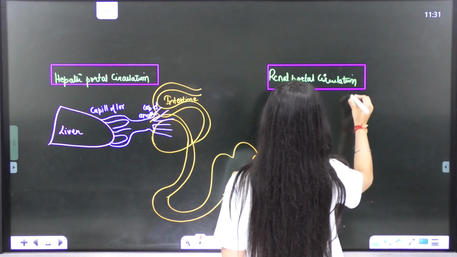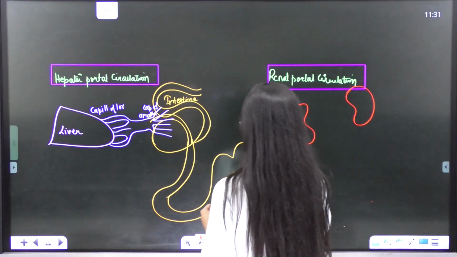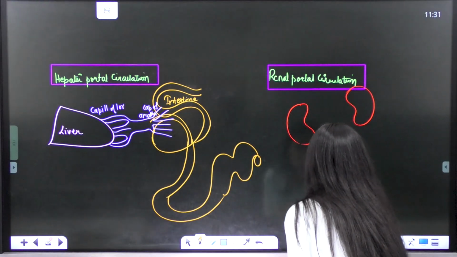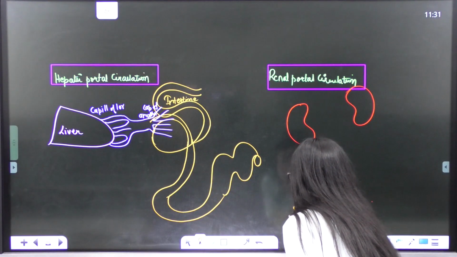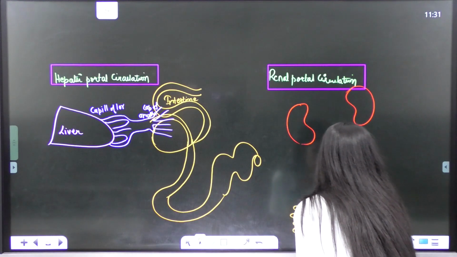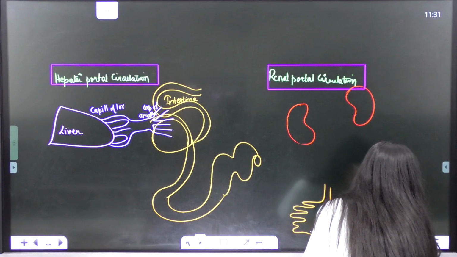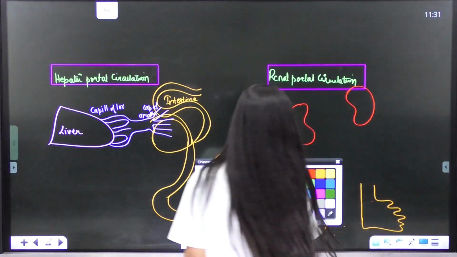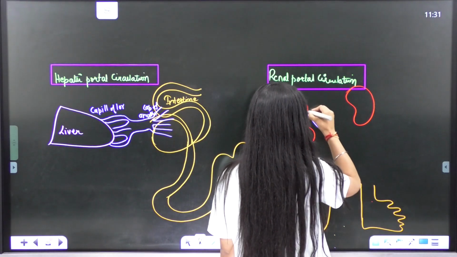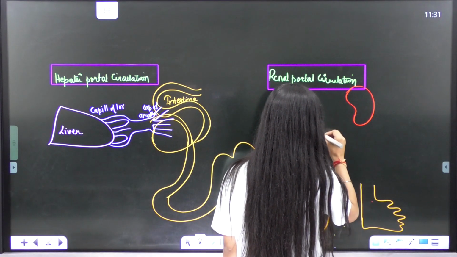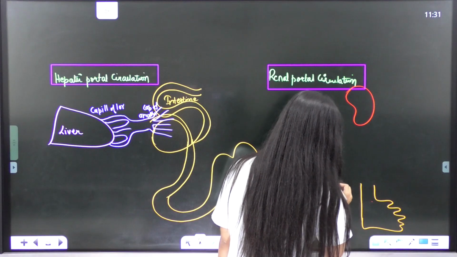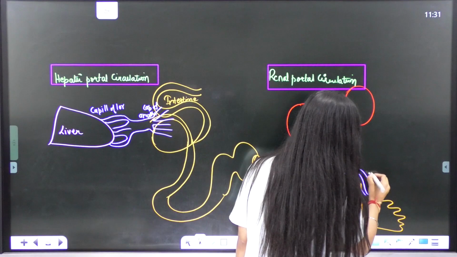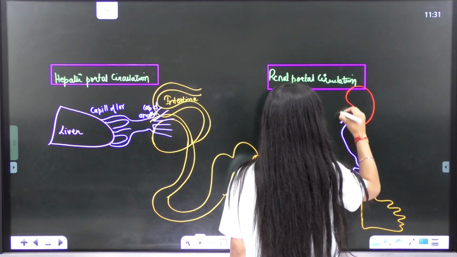This is the right kidney, slightly lower than the left kidney. You all already know. This is the connection between the lower body. The hind limbs carry 5 digits, right? The hind limb of frog possesses 5 digits. See, I have drawn the 5 digits. So this is the connection between the capillaries of the kidney and the capillaries of the lower body.